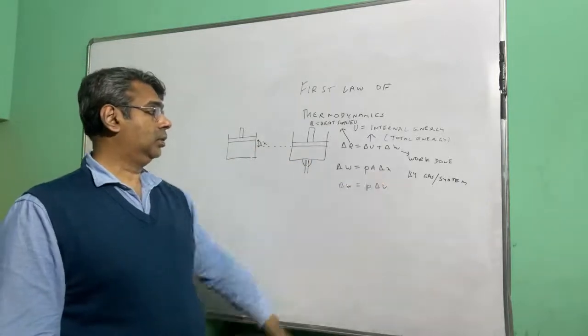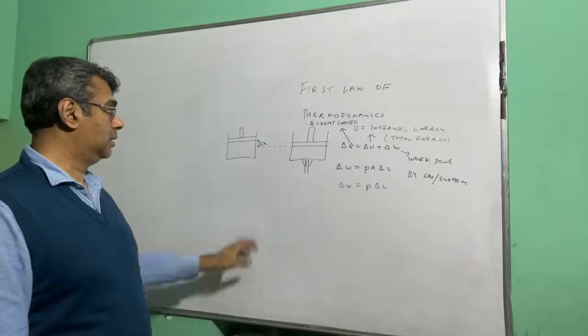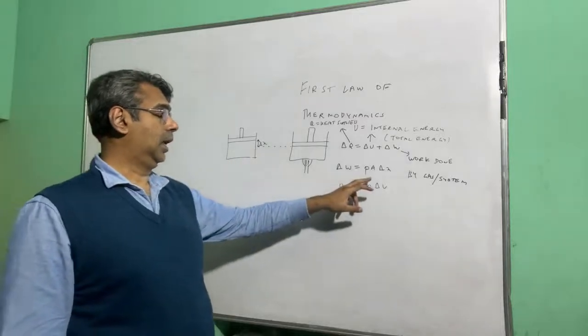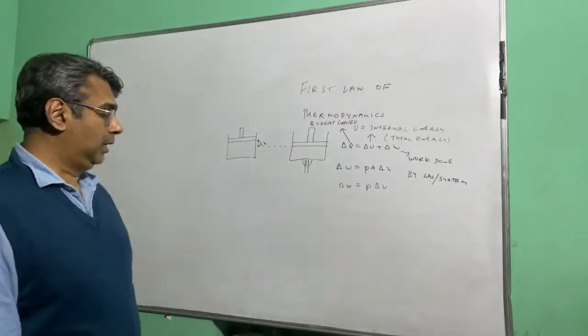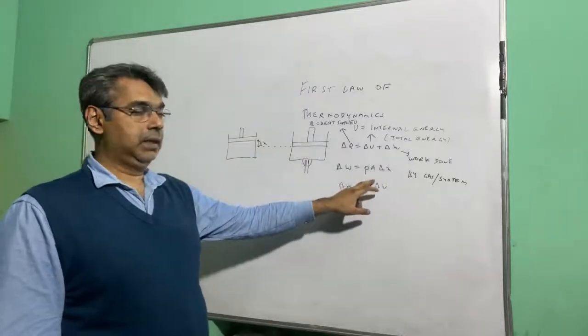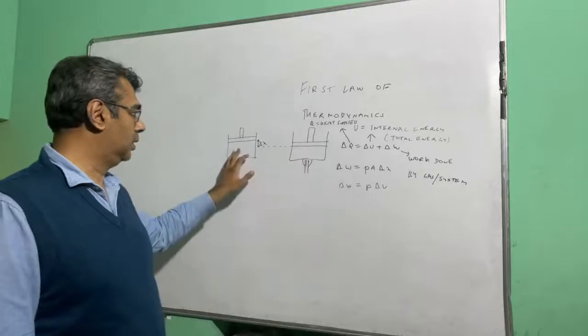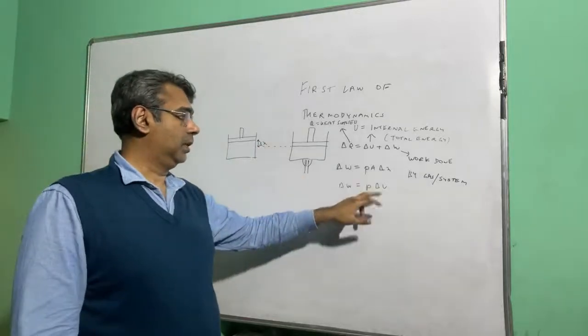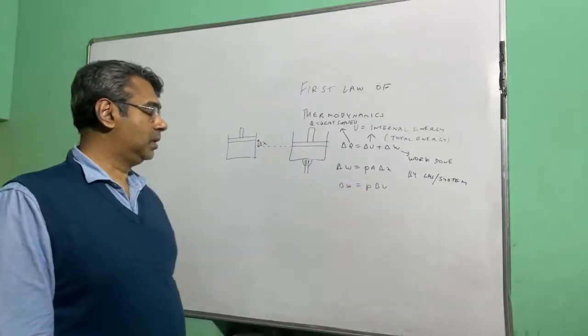So A into delta x is the change in volume, and the pressure of this gas is P. Pressure into area is force, force into displacement is work done.